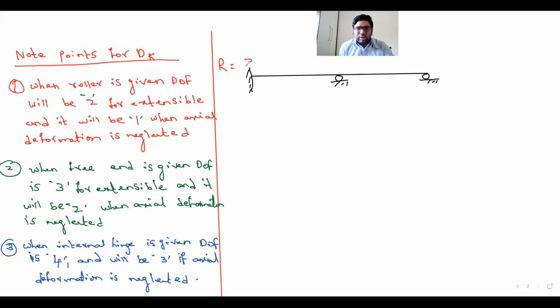So reaction R will be 3, 1, 1, and make a habit of writing degrees of freedom at the bottom, equal to 0, 2, 2. And you should always remember that for the degrees of freedom, the inextensible case is equal to 0, 0, 1, 1.